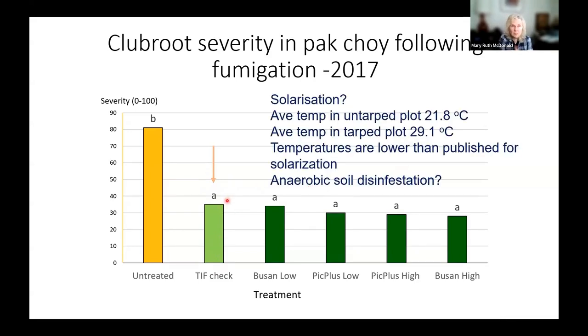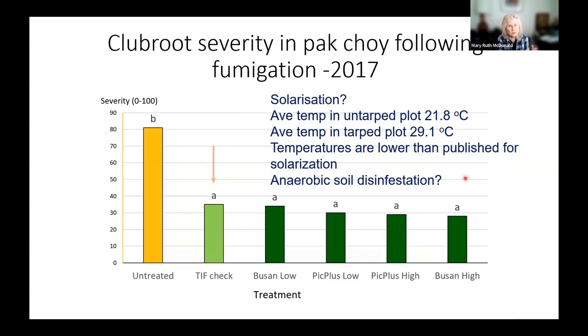And we were wondering, because we did this in the middle of the summer, whether we were getting a solarization effect. But we did look at the temperatures under the tarps, and they weren't as high as required for solarization, which usually takes 6 or 8 weeks under the tarp.